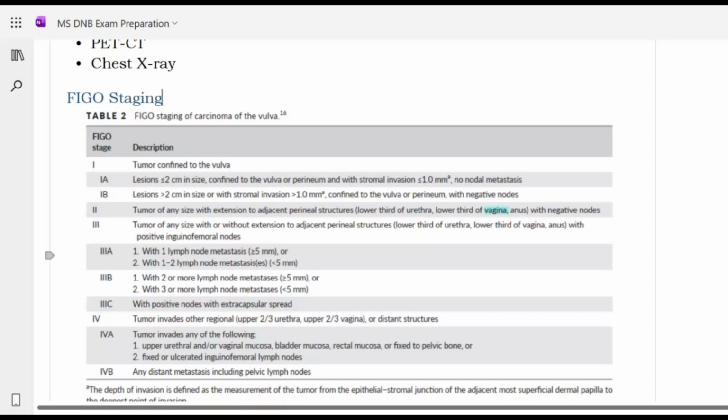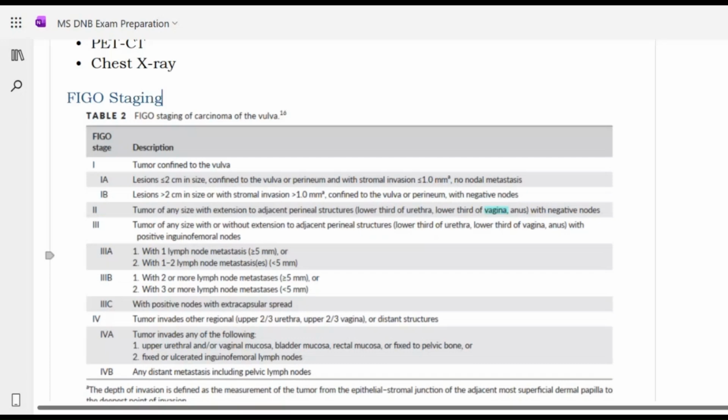But if it is involving the upper 2/3 of the perineal structure, that means we are in stage 4A. So lower 1/3 is not immediately followed by the upper 2/3. Lower 1/3 is stage 2, then comes the lymph node involvement in stage 3, and then comes stage 4A where the upper 2/3 are involved.